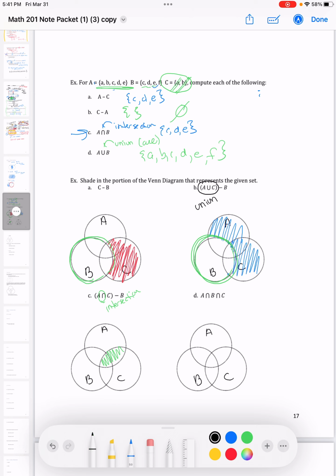If I think about that whole circle A and that whole circle C, that's the intersection. Both those pieces are both in A and C. Now I know I said I want you to try it, so go ahead and hit pause and see if you can work C and D. Try to work both of those, and then we'll come back and go over them.